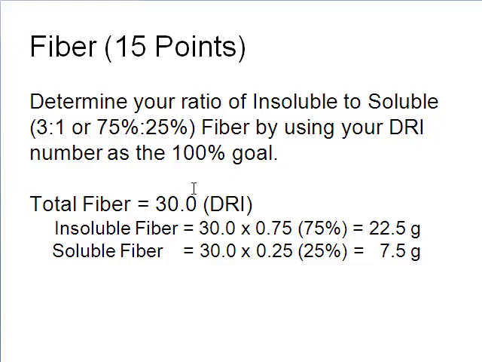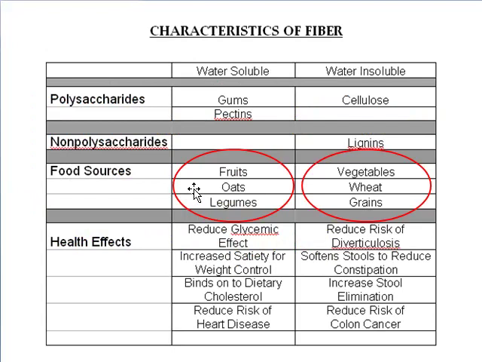So the first thing you need to do is determine where you're at right now. So in your spreadsheet, what you're going to be looking for is, for our criteria for this paper, foods that are high in soluble fibers are going to be fruits, oats like oatmeal, and legumes, which are beans like black beans and pinto beans and navy beans and chili beans and those kinds of things.